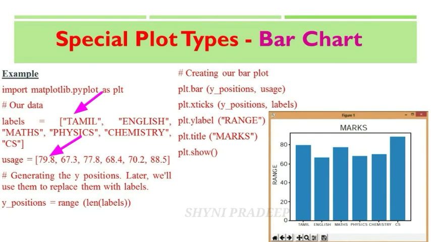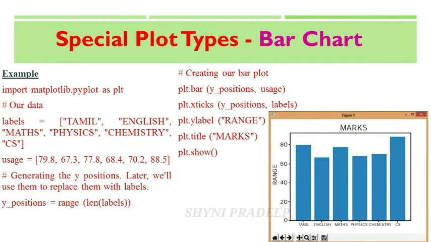So write the label values on the x-axis and write the usage values in the form of a range. Okay, 0 to 80. Write those values on the y-axis. And next, draw the bar chart based on these values. Okay, Tamil 79.8, English 67.3, Maths 77.8 and so on. Okay, the plot title is what? Marks. Okay, this is the output.